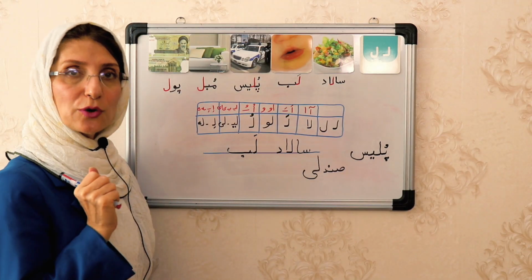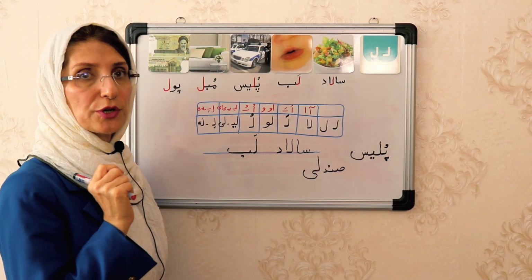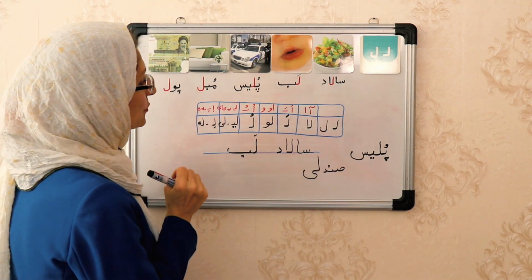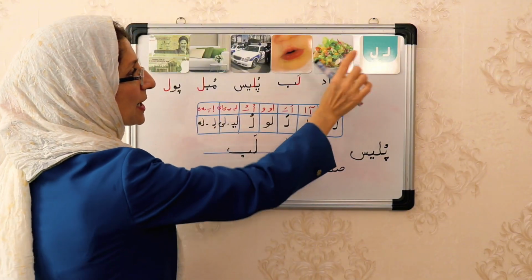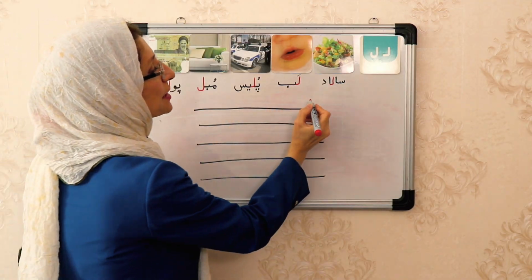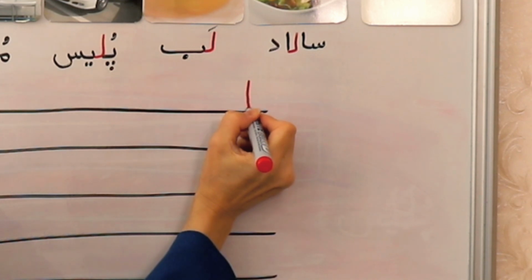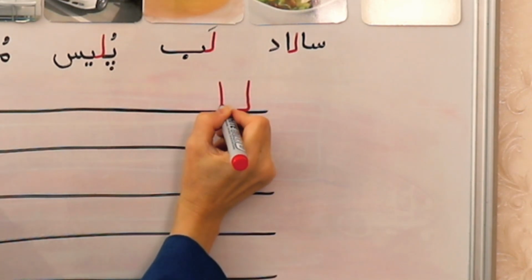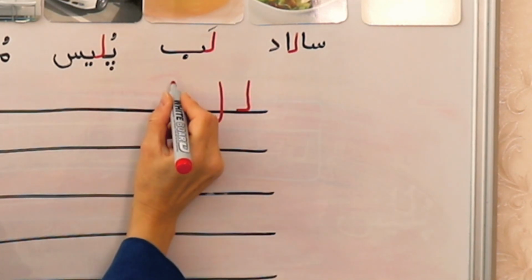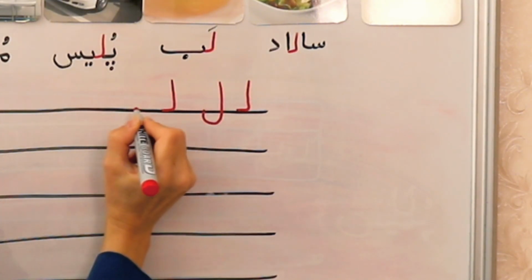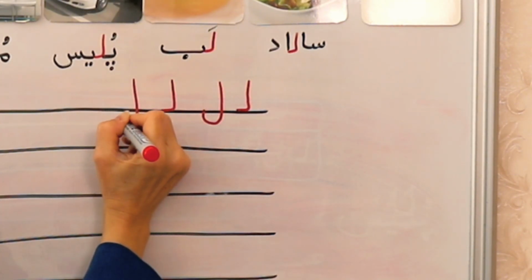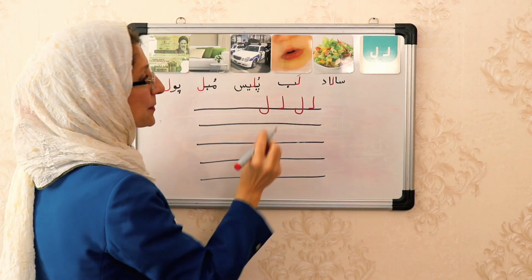Now let's go to your homework to see what words you should write as homework for le. غیر آخر, le آخر. Your homework for le will be le. غیر آخر, le آخر, le. غیر آخر, le آخر.